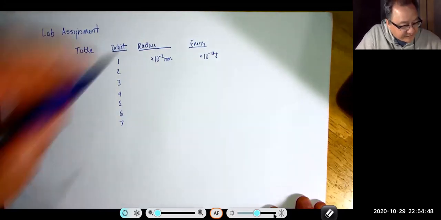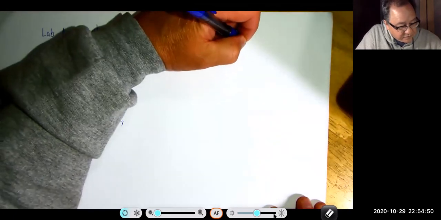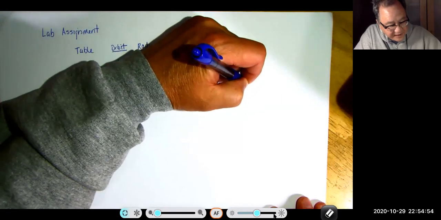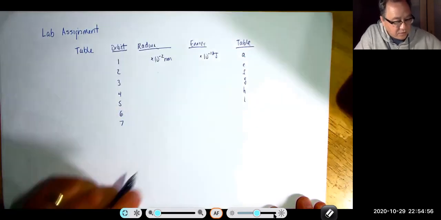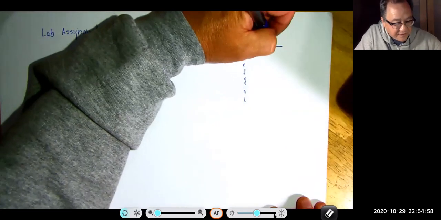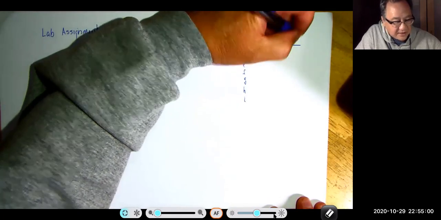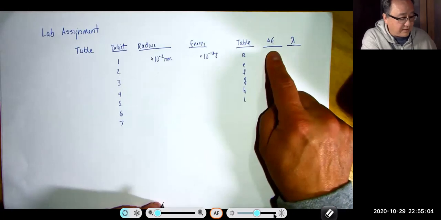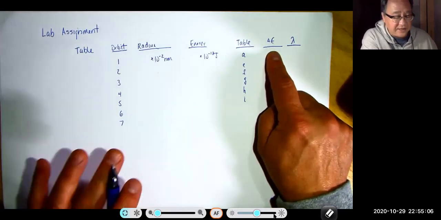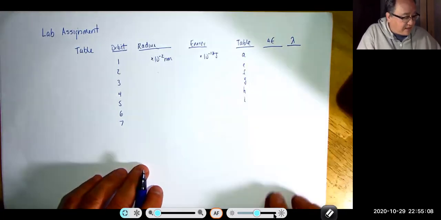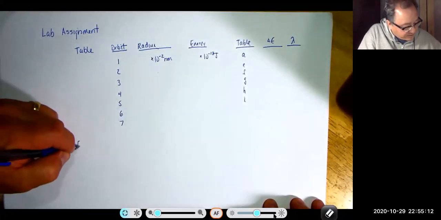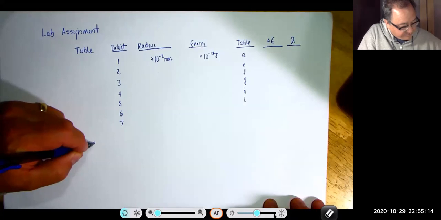I'd like to see the table for those transitions of A, E, F, G, H, and I, where you calculate the change in energy and you calculate the wavelength. I said change in wavelength. I'm sorry, I didn't say the right thing. It should have been change in energy. I'd like to see these two tables. I'd like to see the emission spectrum.